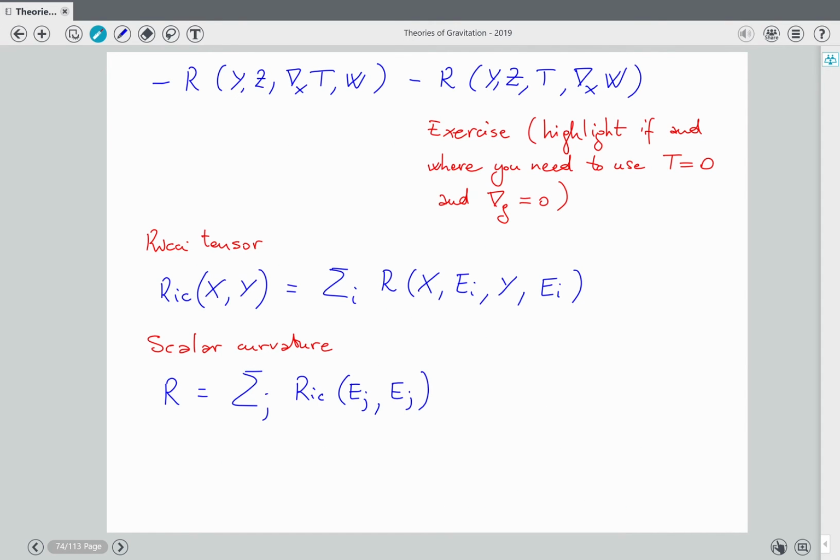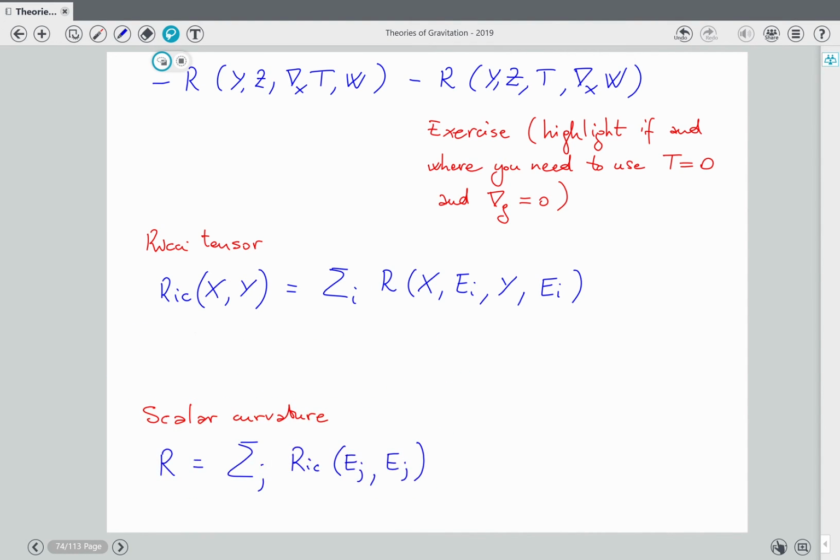So remember that this was the definition of the Ricci tensor, and therefore it is symmetric because the second and fourth vector are contracted, and so if you exchange the first couple with the second couple, it's like exchanging x and y, and the Ricci tensor is unchanged.